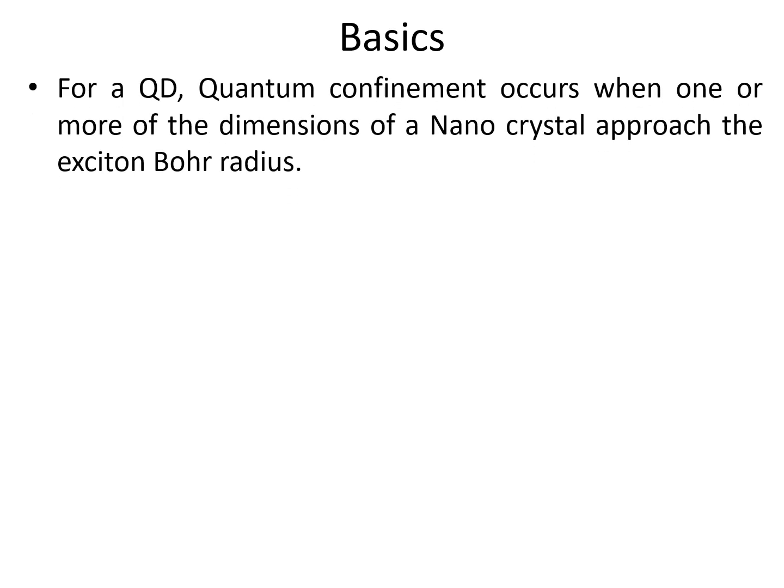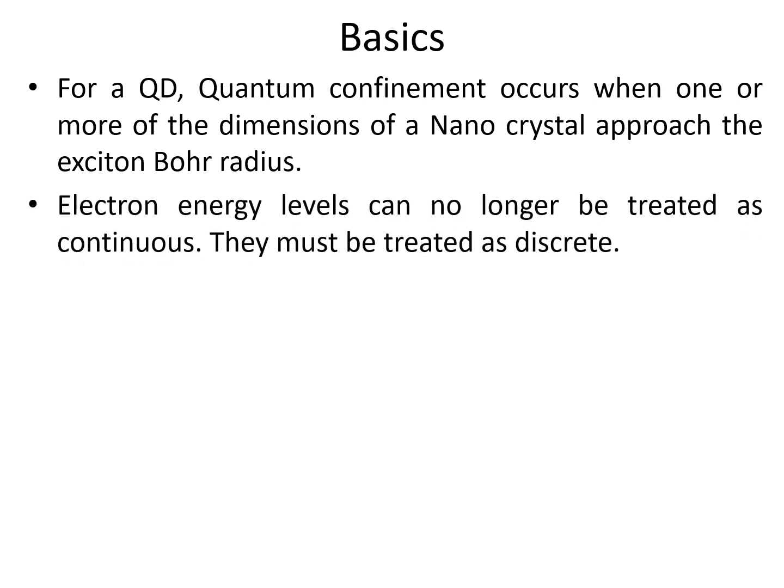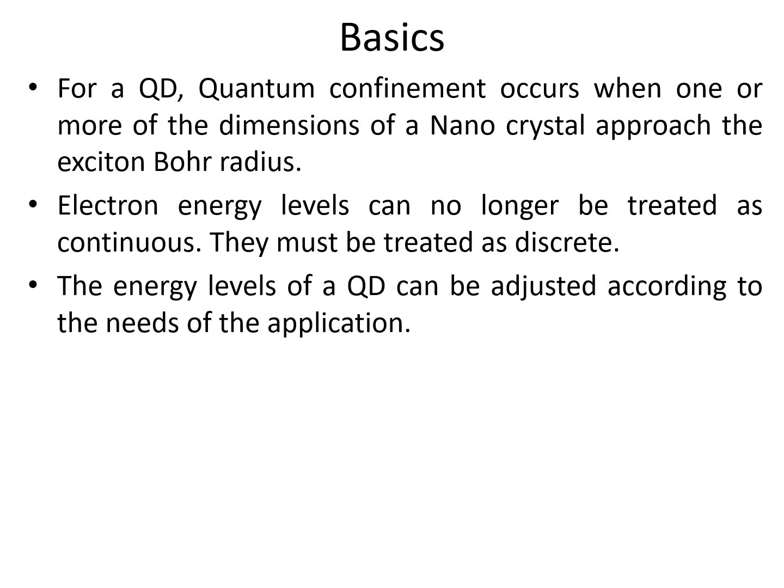Let us learn some basic information about quantum dots. For a quantum dot, quantum confinement occurs when one or more of the dimensions of a nanocrystal approaches the exciton Bohr radius. Electron energy levels can no longer be treated as continuous; they must be treated as discrete. This you would have seen in the previous video also.